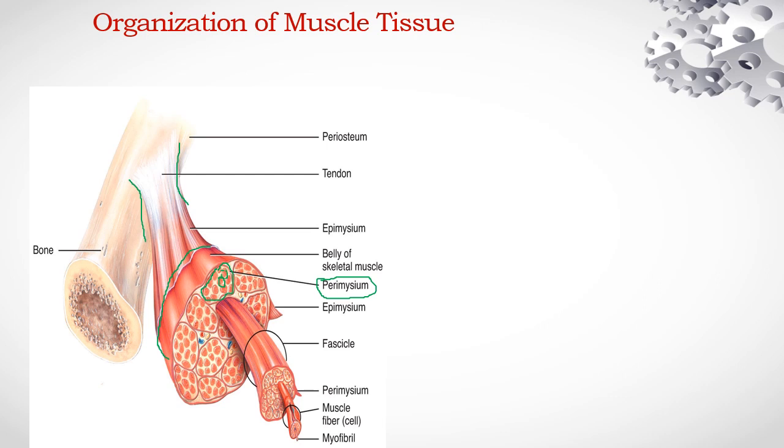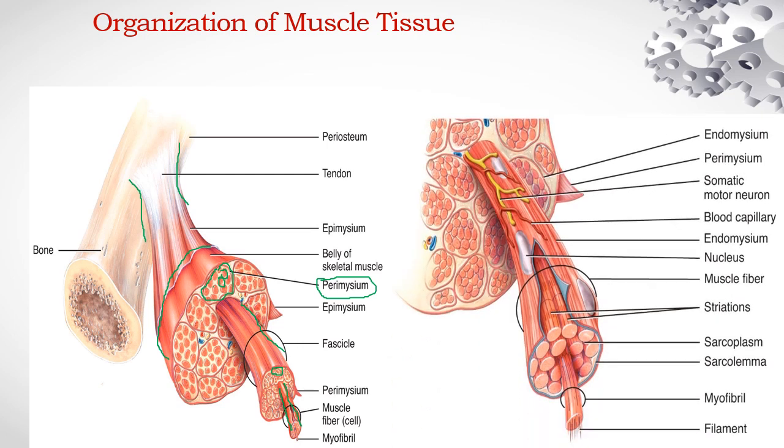Okay, these round structures here. So this is the fascicle, and it is a group of the round structures that I was drawing there, and these are known as the muscle fibers. Okay, and these muscle fibers are covered by a connective tissue layer known as an endomysium.